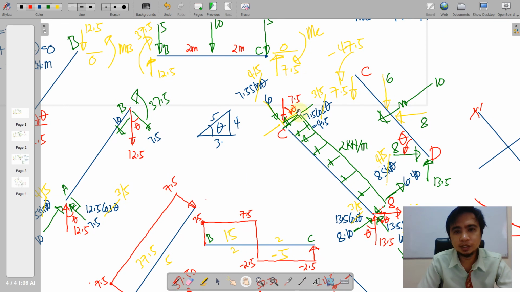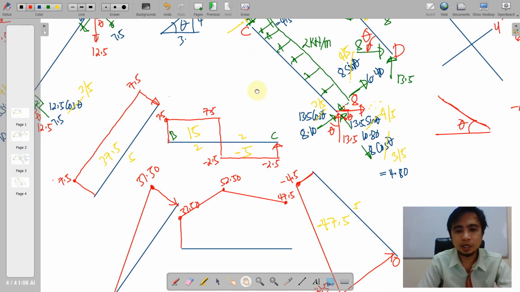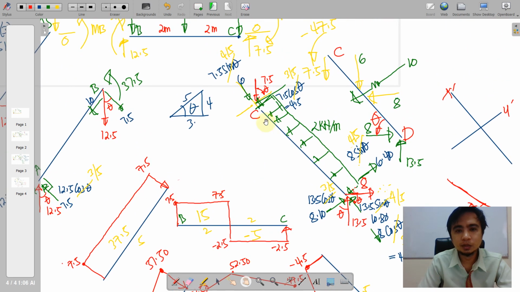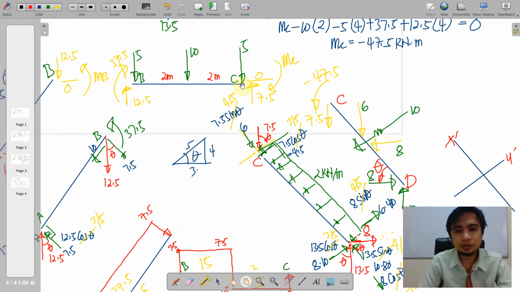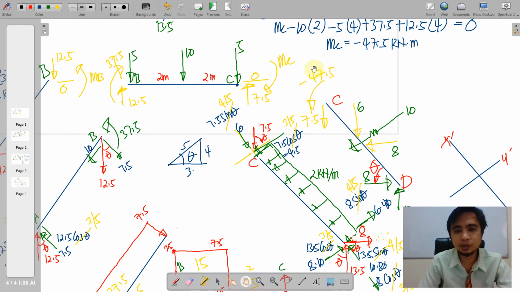47.5, we can see here that we have an MC. Okay, so the MC would tend to bring the beam inwards. However, this is a negative, so therefore it shall bring an outwards orientation. Okay, we pin this down. In short, it will bring it downwards on the actual direction, because this is denoted by negative.